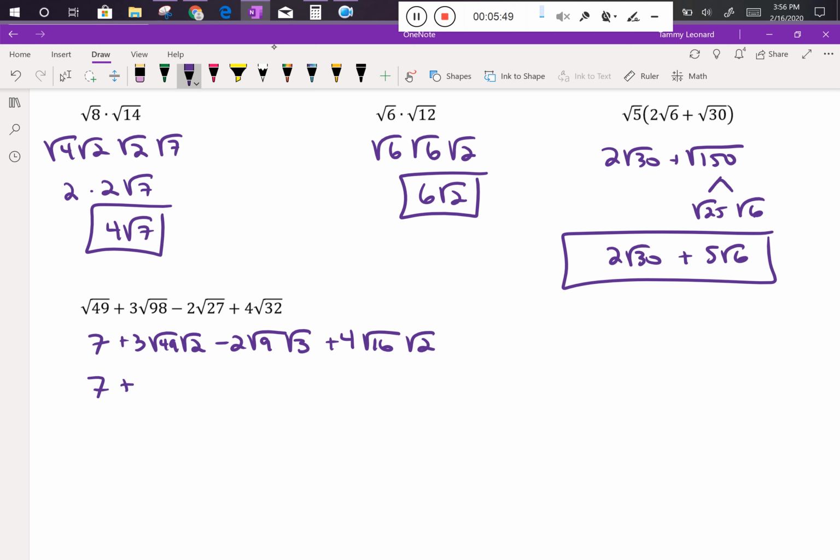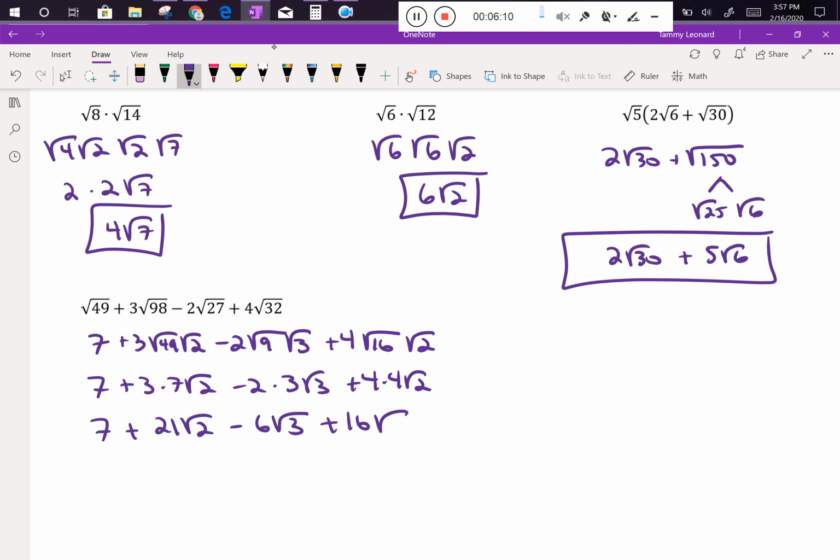So 7 plus 3 times 7 root 2, minus 2 times 3 root 3, plus 4 times 4 root 2. So 7 plus 21 root 2 minus 6 root 3 plus 16 root 2. Well, those two are like radicals. So my best answer will be 7 plus 37 root 2 minus 6 root 3.